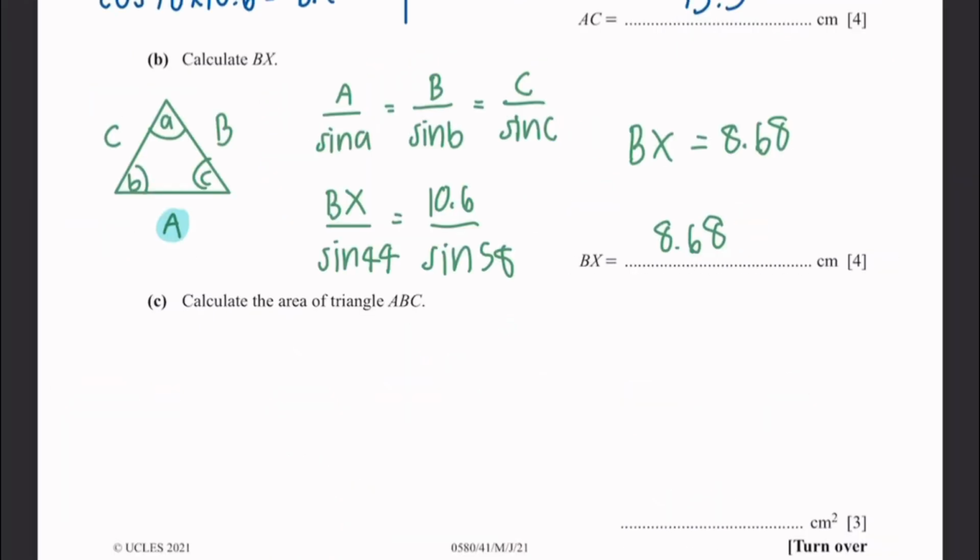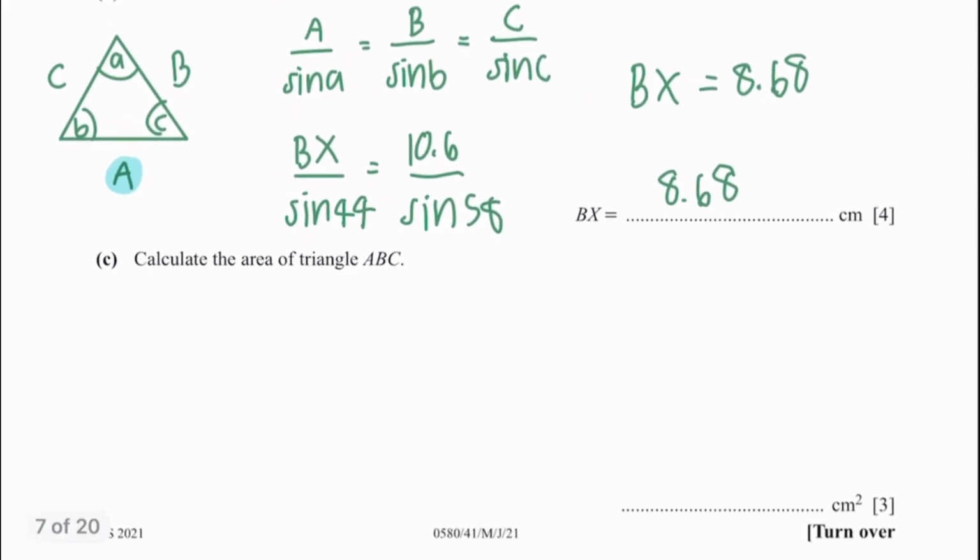Next, calculate the area of triangle ABC. In order to calculate the area of ABC, I will add the area of triangle ABX with the triangle AXC.